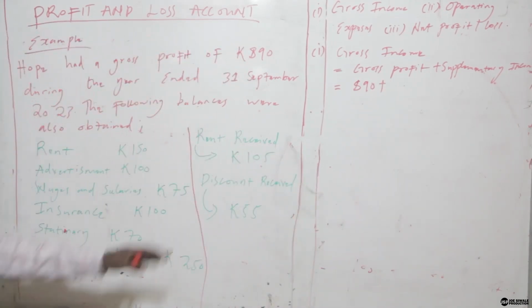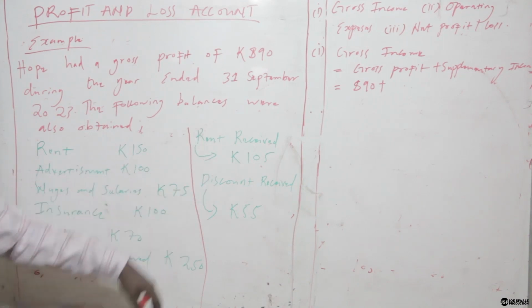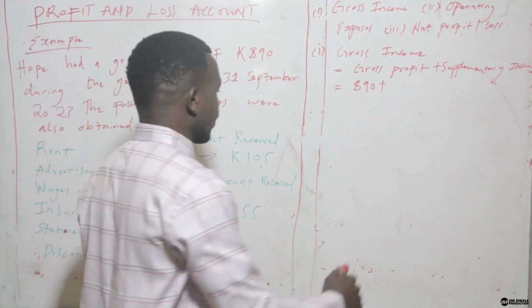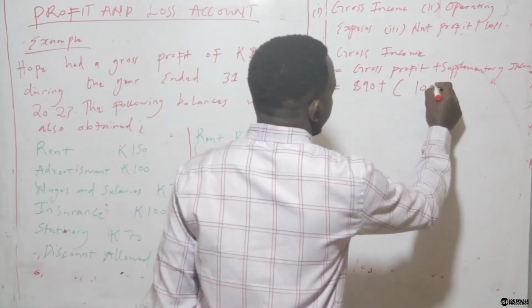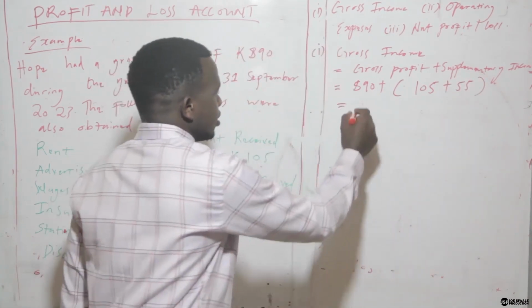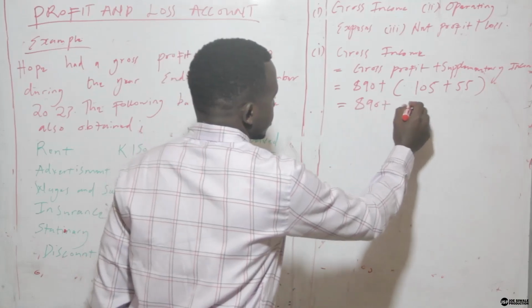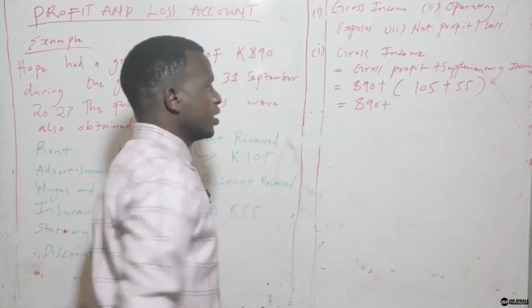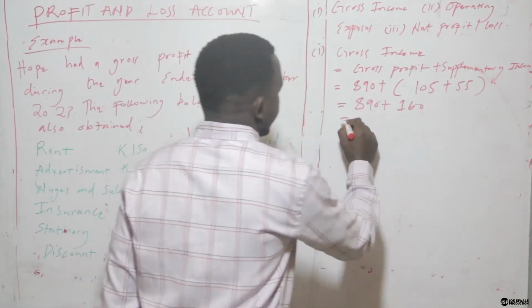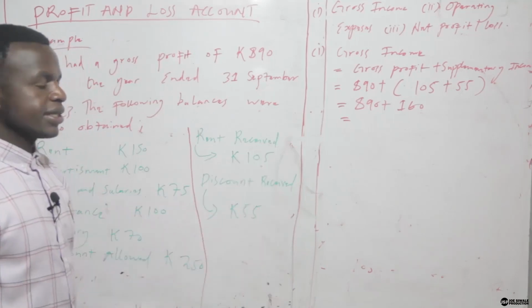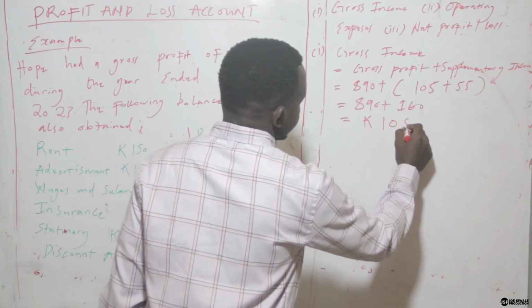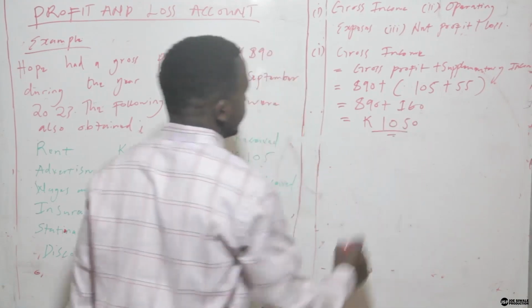For supplementary income, we only have two: rent received amounting to 105, and discount received amounting to 55. So 105 plus 55 gives 160. So 890 plus 160, we're going to have 1050 kwacha. So that's going to be our answer.